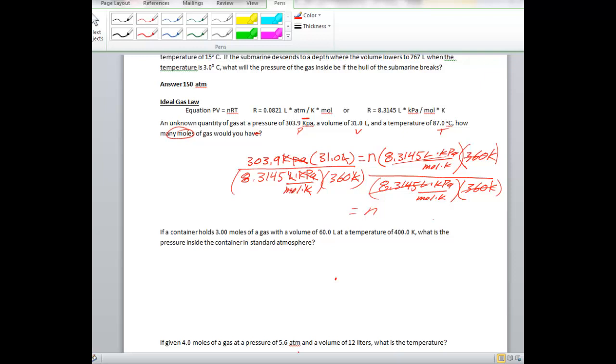If you run out this equation, you'll end up with that N is equal to 3.14 moles of the gas in this equation. So I'm going to run another equation right here, trying to solve for, I believe, pressure, and then I'll give you an opportunity to try an example on your own.